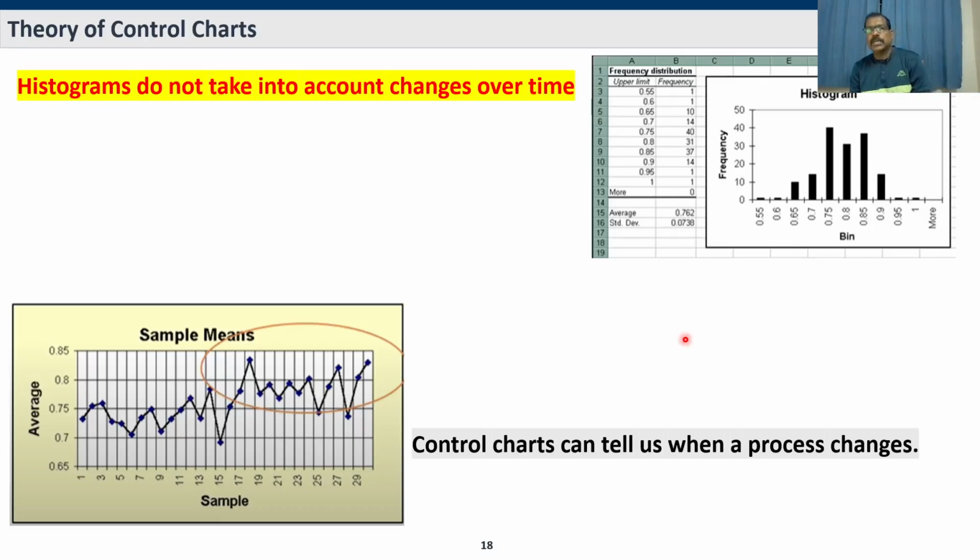But control charts like the X chart, P chart, X bar chart, S chart, and NP chart consider the time, which tells us when a process changes. Suddenly, in the production process, the average goes and some variation is happening. We can come to know from the control charts when that is happening. But with histograms, we won't be able to get that.